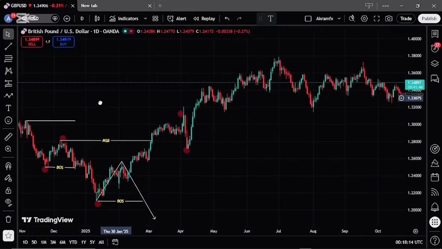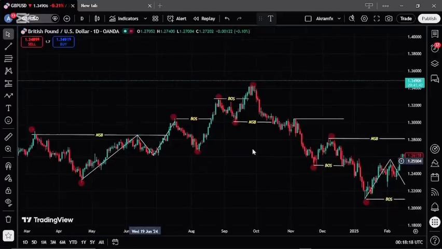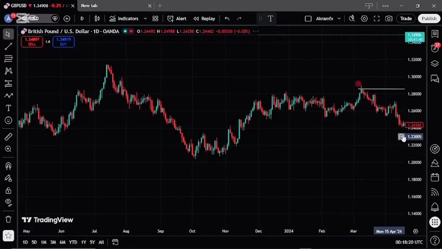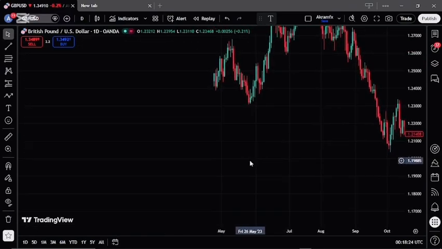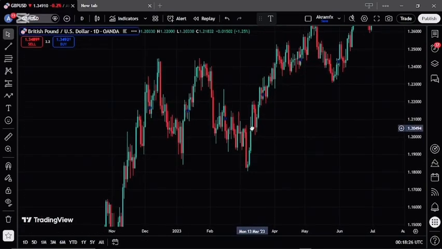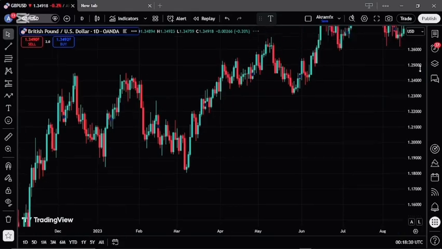Another example is the ranging market. Let's look at the ranging market and see how we go with that. The ranging market is here.